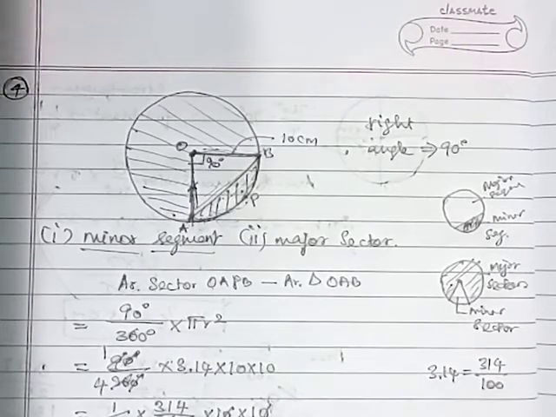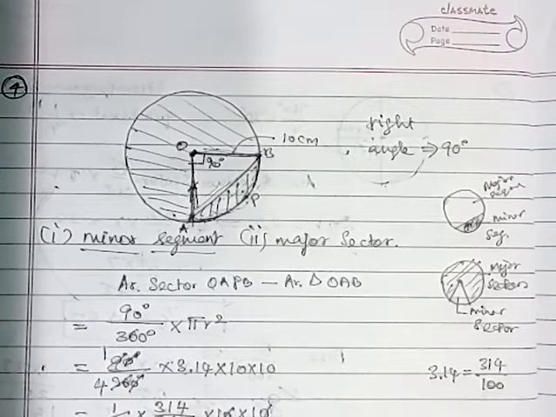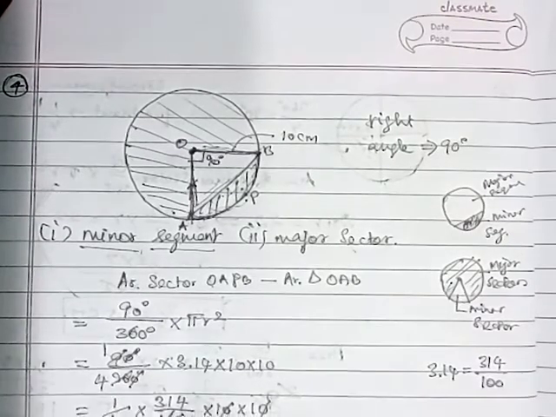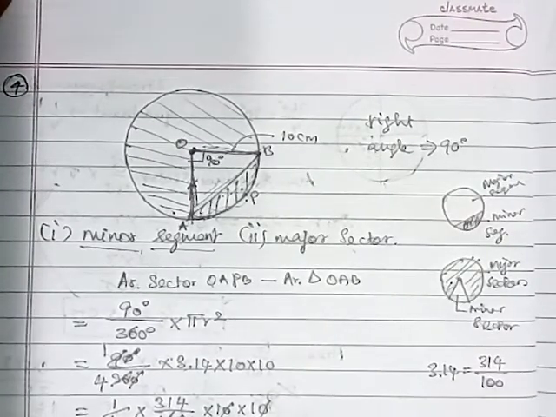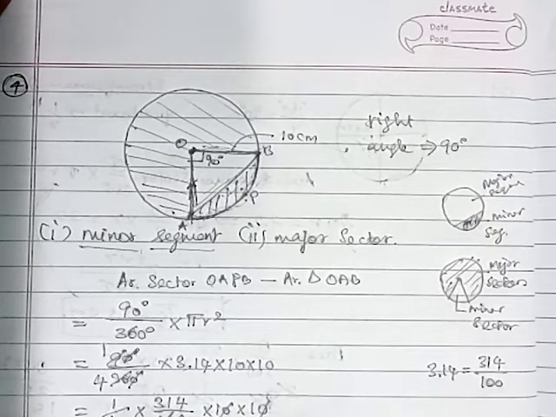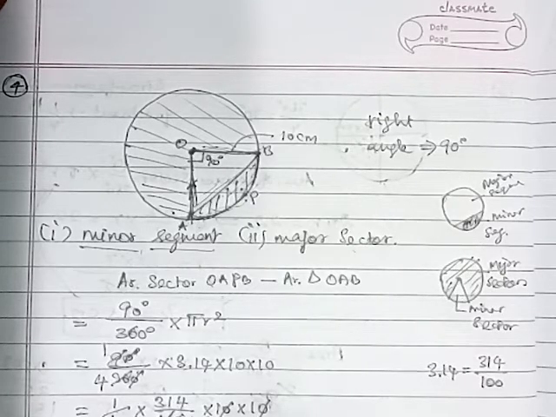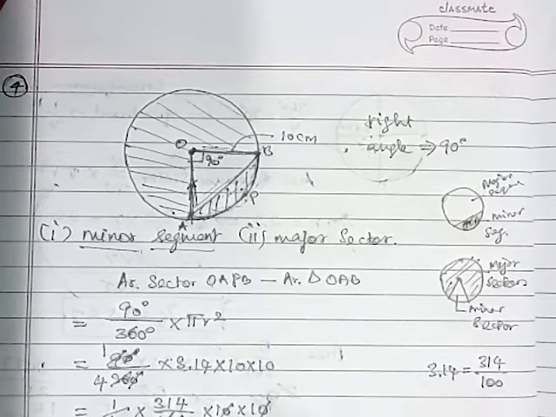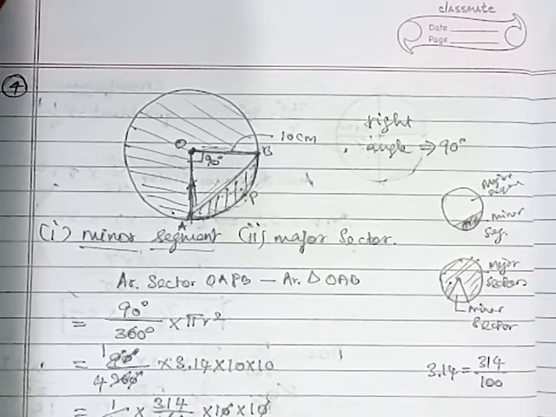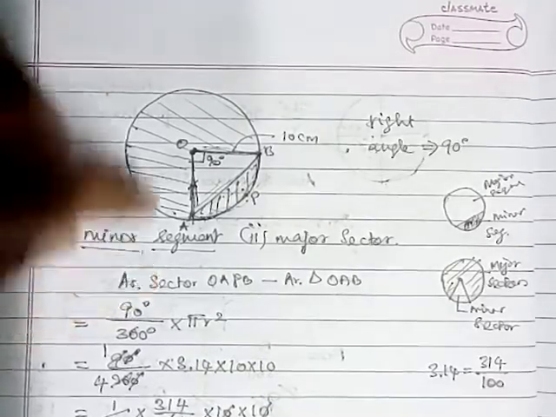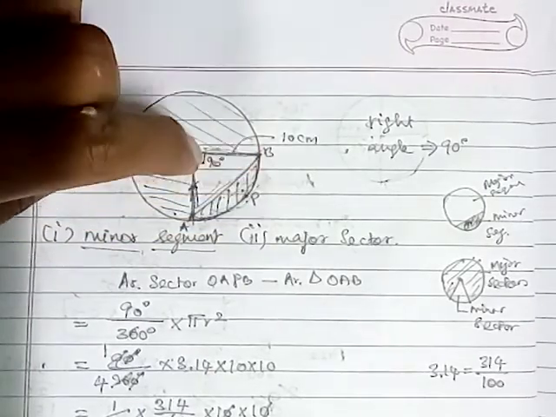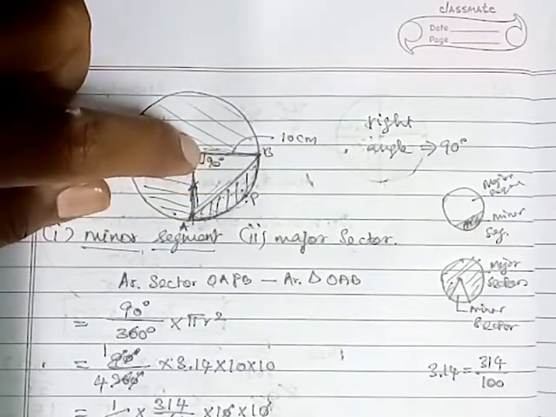How many 4s are there in 31? In 3 we cannot accommodate 4, so 7 4s are 28, right? Balance 3, 34. How many 4s we have? 8 4s are 32, balance 2, 20, that is 5. Okay, centimeter square. So the area of sector is 78.5 centimeter square.